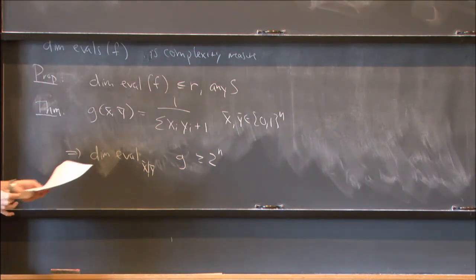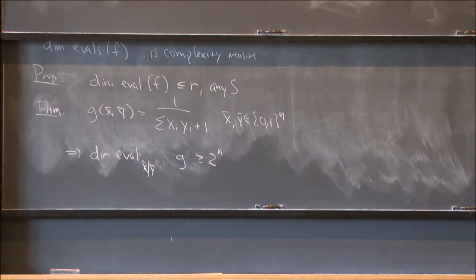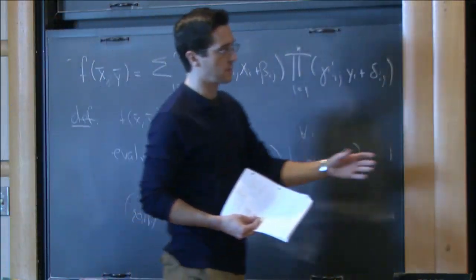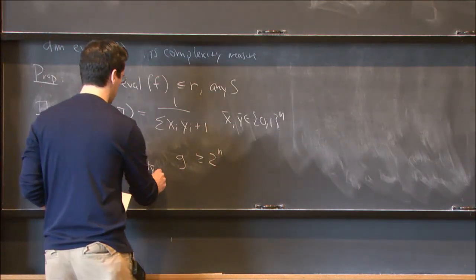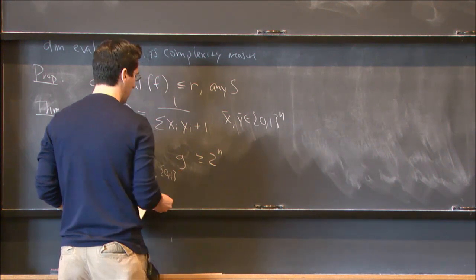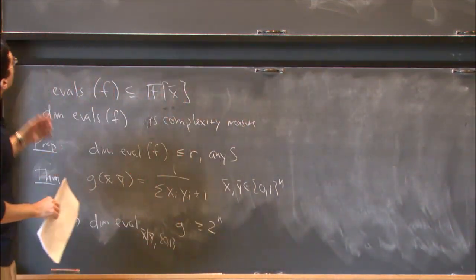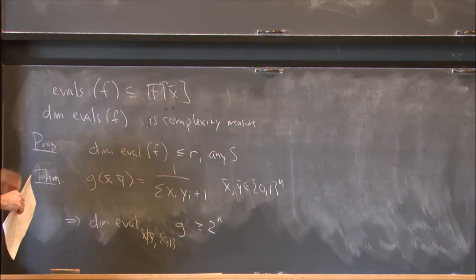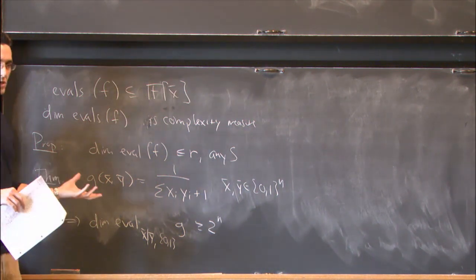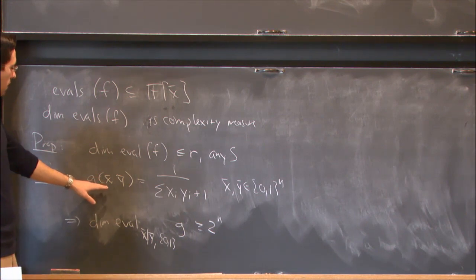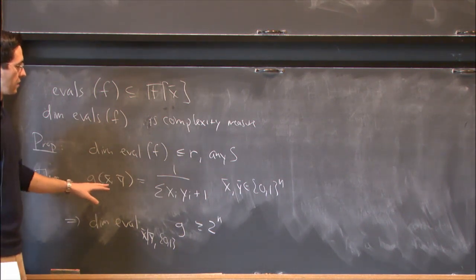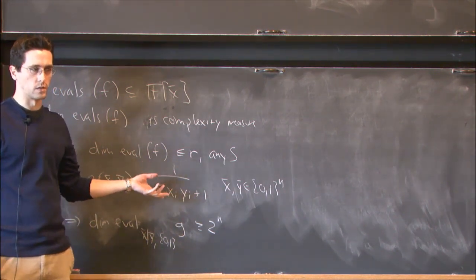But I need to choose my set carefully. So I had this definition where I'm evaluating the y's from some set S. And the reason I put this notation here is because I'm not going to prove this for an arbitrary set. I'm going to prove it for the set 0, 1. And I want to dwell on this point for a sec. This is why we're using a functional lower bound, in the sense that all I know about G is its functional behavior on 0, 1.